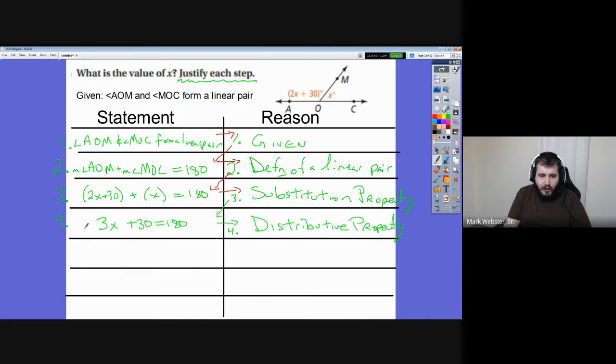Well, so now what do I do? I've got 3x plus 30 equals 180. What do I do next? I would subtract 30 from both sides, right?